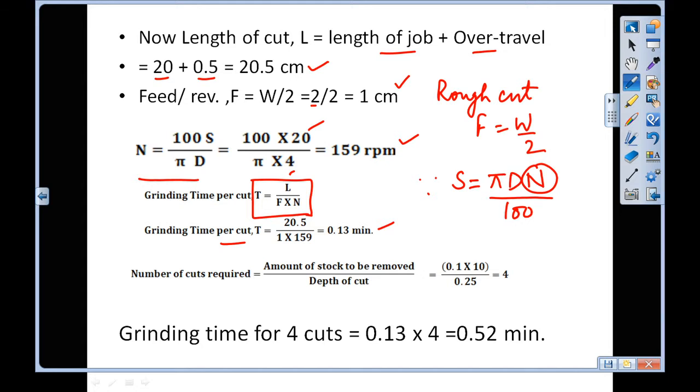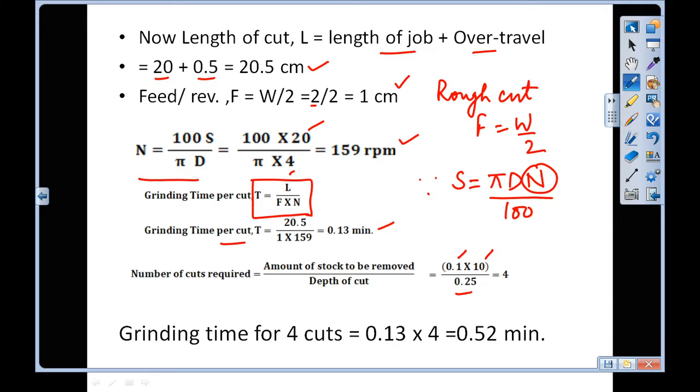Next we have to calculate how many cuts are required. It is calculated by the formula: amount of stock to remove divided by depth of cut. The amount of stock is 0.1 centimeter, which we converted to millimeter by multiplying by 10, so 1 mm, and depth of cut is 0.25.